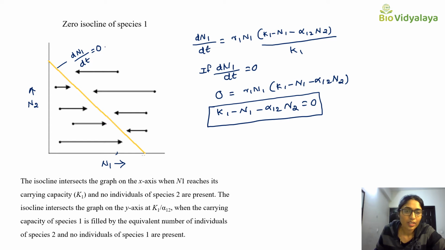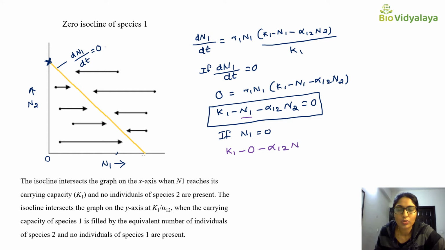Now we can find, if N1 is equal to 0, then what will be N2? That means at this point. If N1 is equal to 0, then K1 minus 0 minus alpha 12 N2 is equal to 0.